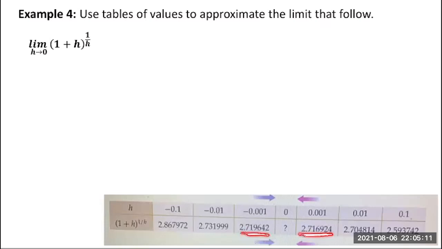This is 2.71. This is also 2.71. That means hopefully from both sides, these function values are approaching a number. That number is 2.71 to 2 decimal places.